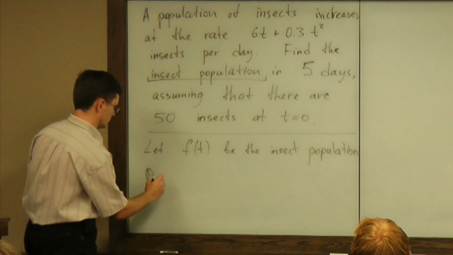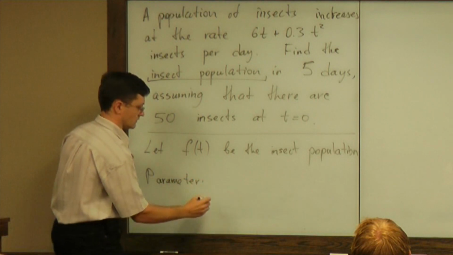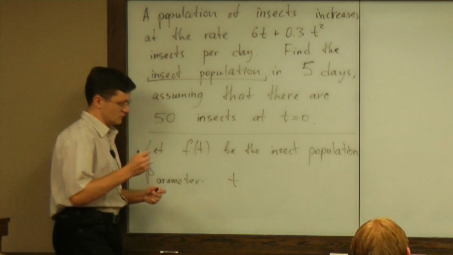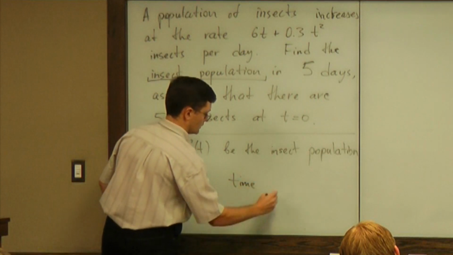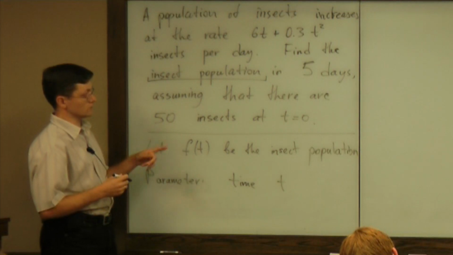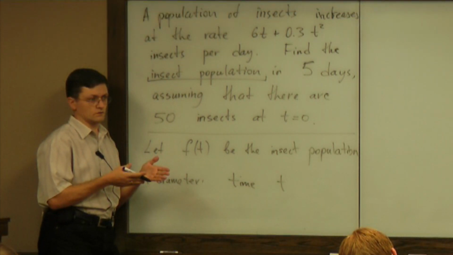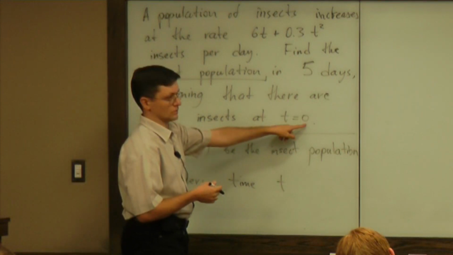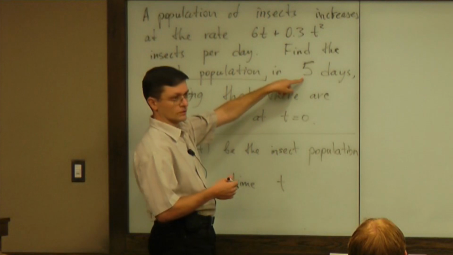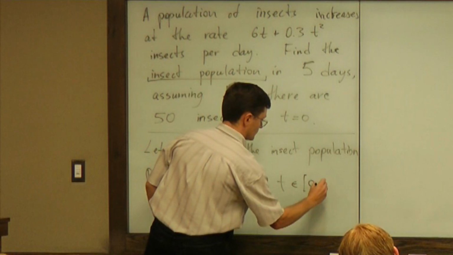You choose the parameter. And the parameter is going to be time. So time, notation is going to be t. And what is going to be the interval where that parameter changes? From 0 to 5. We assume that we start at time t equals 0, and the question asks what happens in 5 days, so t changes from 0 to 5.